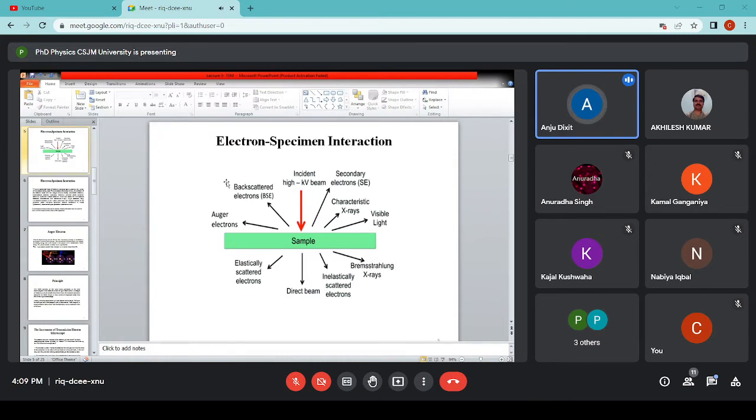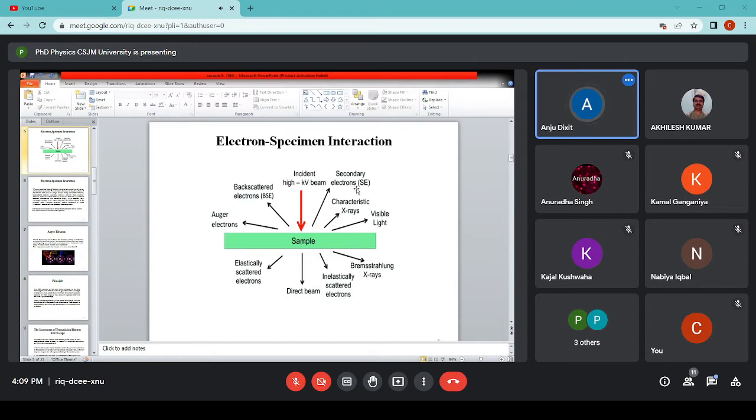In SEM also I have discussed this particular diagram. Suppose we have a sample and an incident high-energy electron beam. In the case of SEM, it is just scanning the surface, but in the case of TEM, it is transmitting through the specimen and collecting the information. So we can have various signals depending on the interaction of the incident beam and sample.